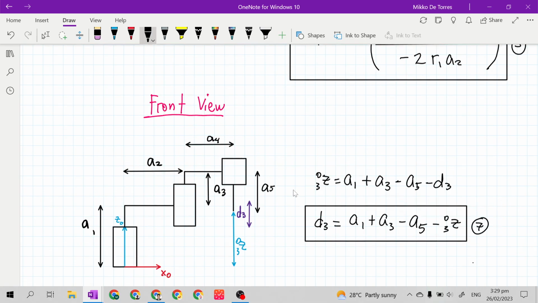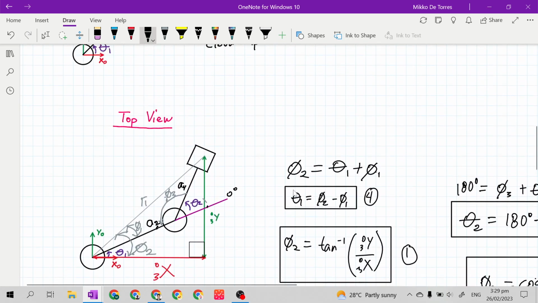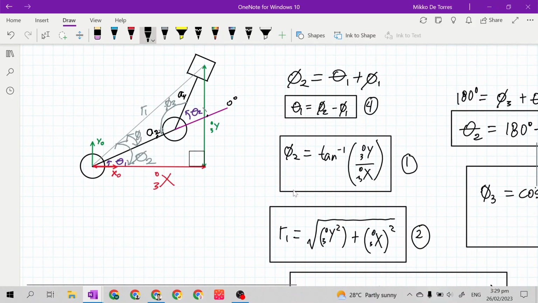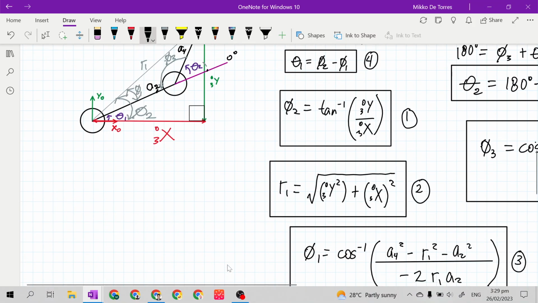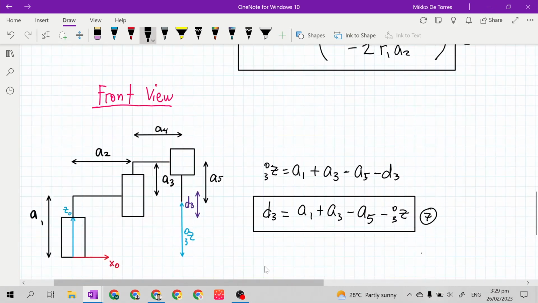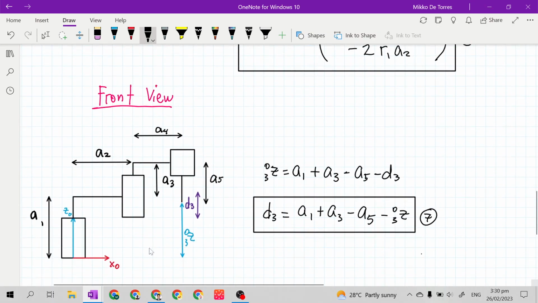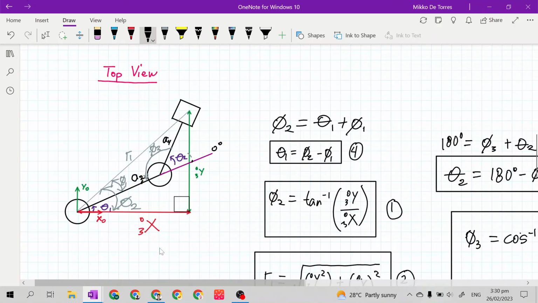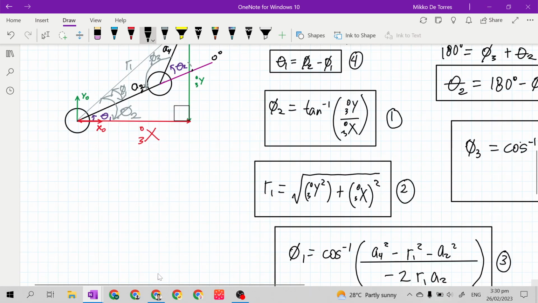Okay. So now we have solutions to solve for our inverse kinematics. We have now a formula for theta 1, for theta 2, and D3. So this is for SCARA. For the next video is the articulated elbow manipulator.